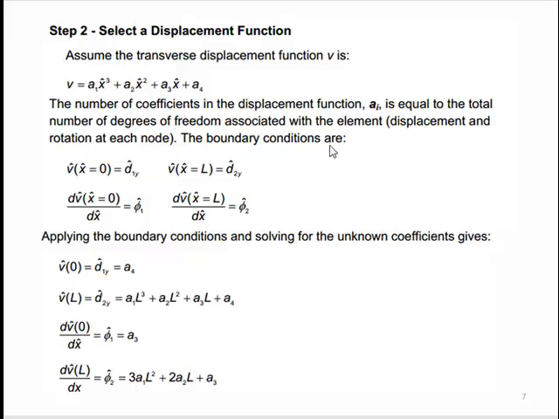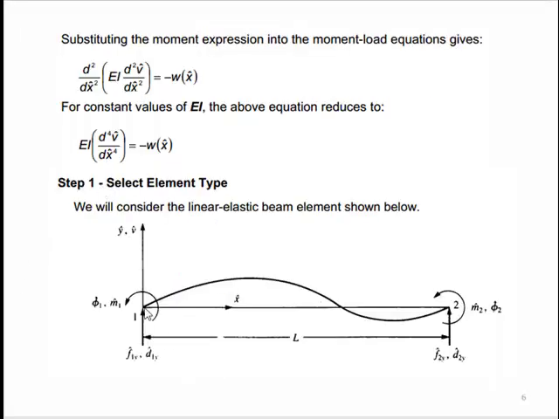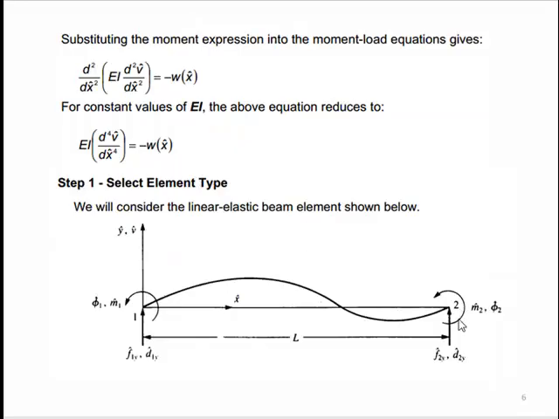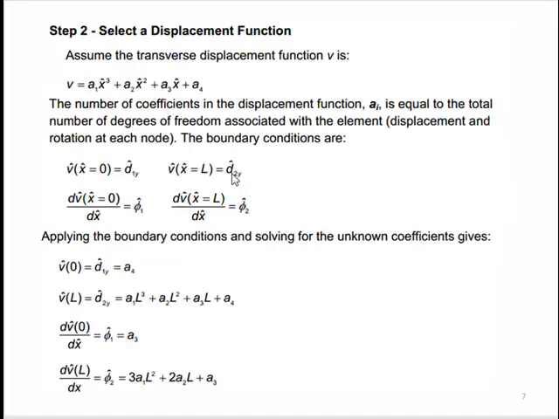So the boundary conditions are, now we know that displacement at node number 1 is d1y. So we can say that at x is equal to 0, v would be equal to d1y. And at x is equal to L, v would be equal to d2y. And similarly for rotation, at x is equal to 0, rotation is phi 1, and at x is equal to L, rotation is phi 2.